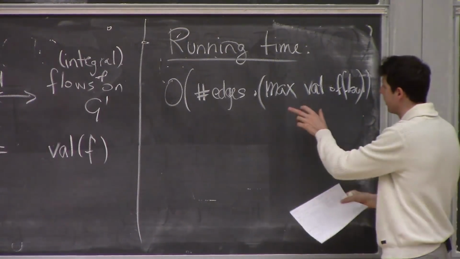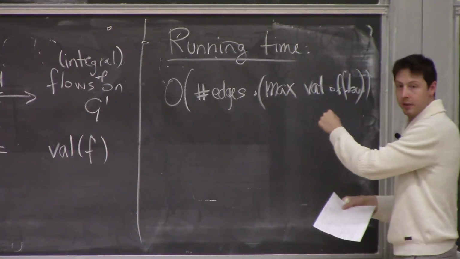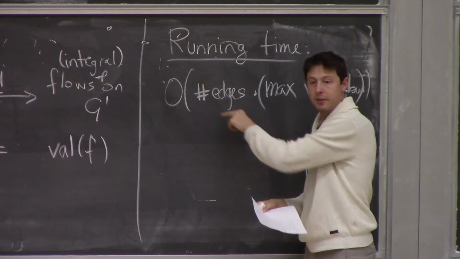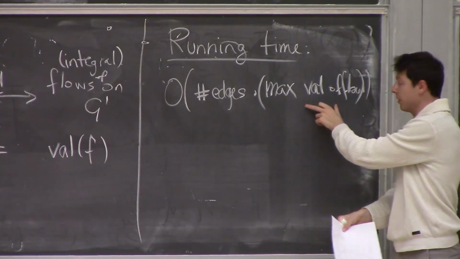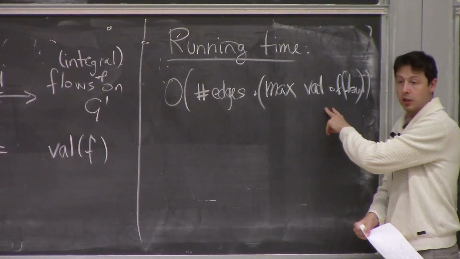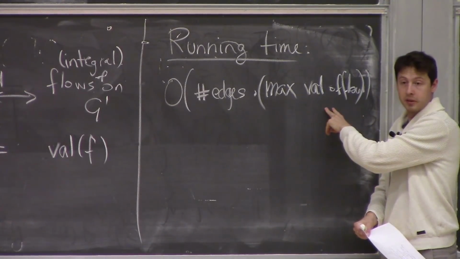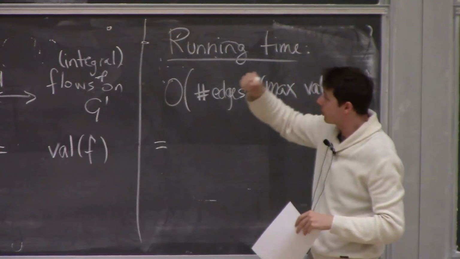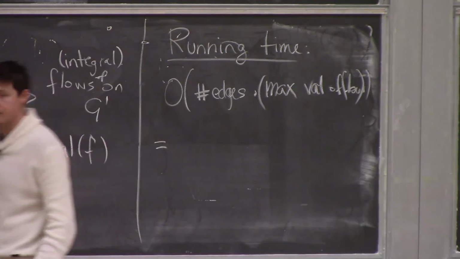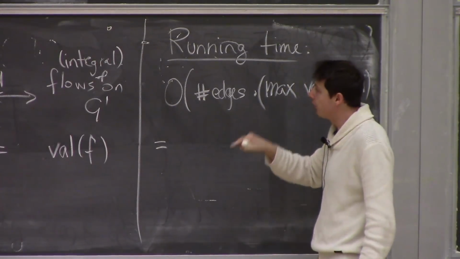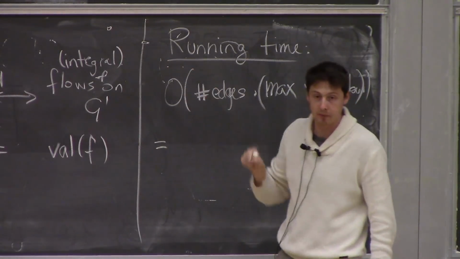This is the number of times we have to increment, and each time we have to do this much work to find the path. In general, the value of the maximum flow could be enormous, exponential in our input size. But here, we should measure relative to the particular instance that we've constructed. How many edges do we have as a function of our original input?